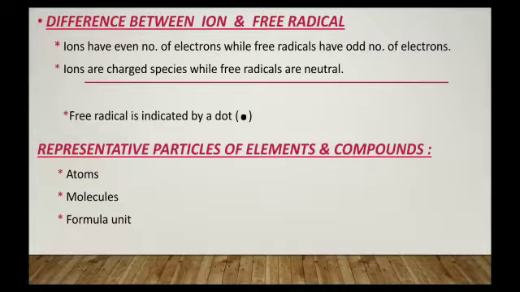We call one unit of an ionic compound a formula unit, and one unit of a covalent compound a molecule. So the representative particle of a covalent compound is a molecule and that of an ionic compound is a formula unit.